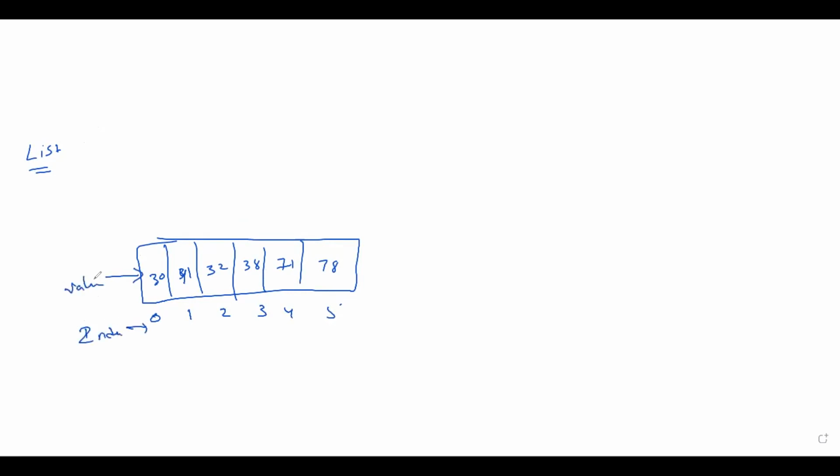Imagine, for example, there are items here, and this is a list of integer data type. This is the list variable name. These are the values, for example, 30, 41, 32, 38, 71, 78. Okay, these are the list items.